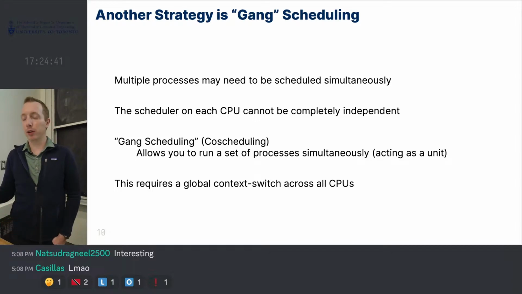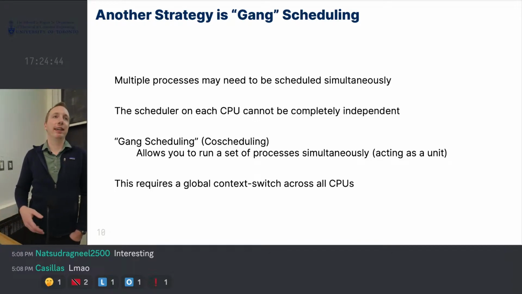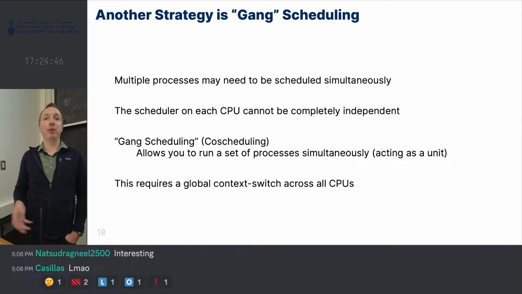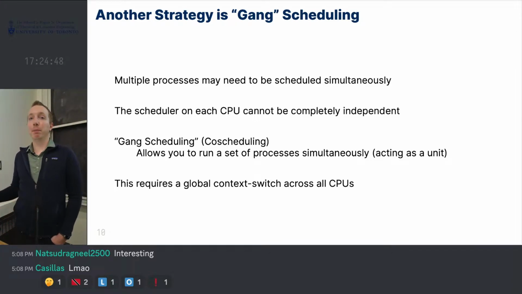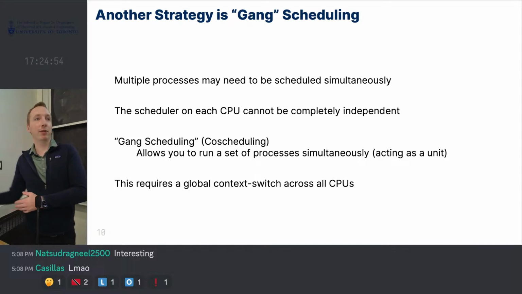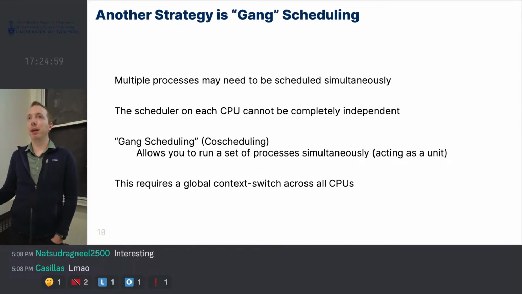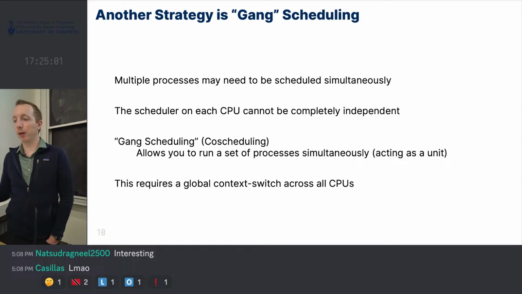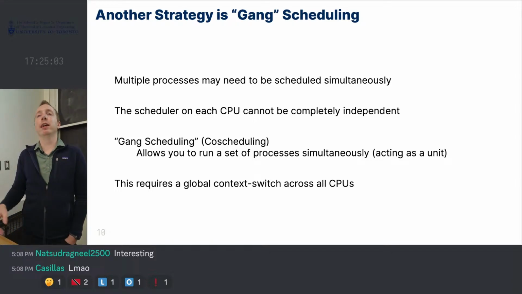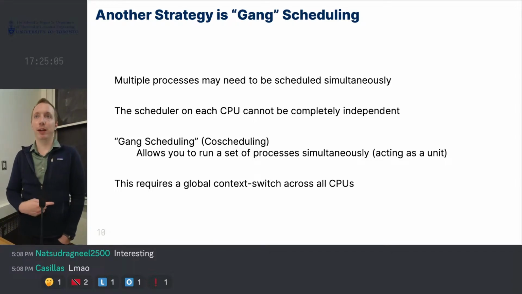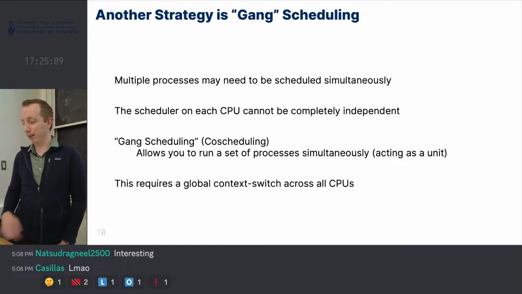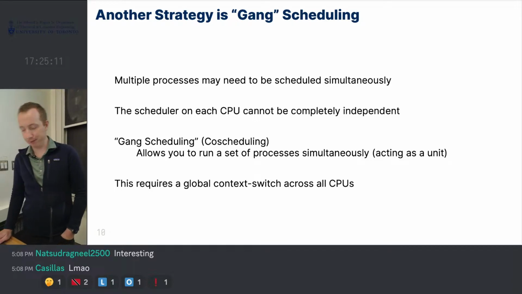So it's also called co-scheduling. And the idea behind this is if a bunch of processes are really dependent on each other, there's no use just running one and it's just going to be blocked immediately. I'll just schedule them all to run at the same time. And that way, if there's any dependencies, they're all running so they can resolve them. So this will be more of a thing if you are in high performance computing, and it's just another wrinkle in scheduling that you might have to consider depending on your application.